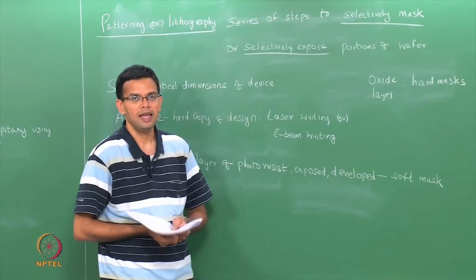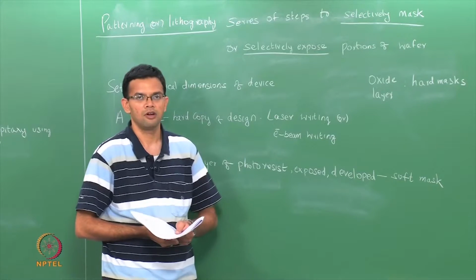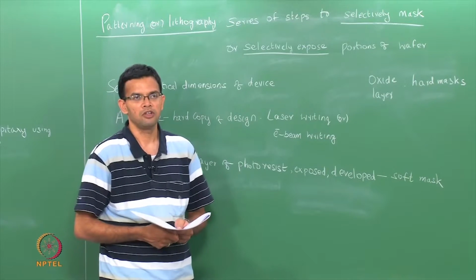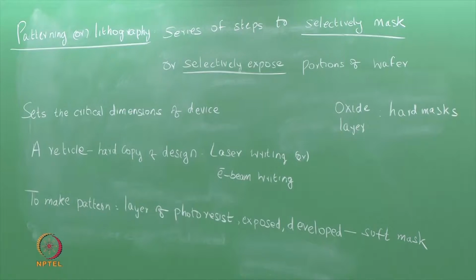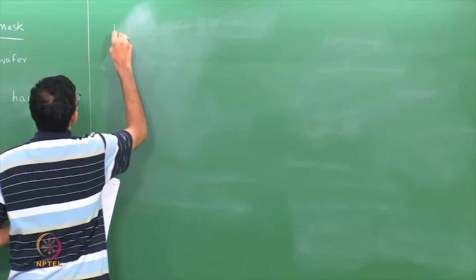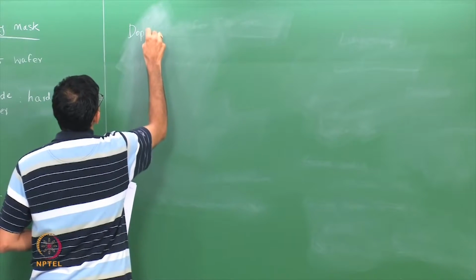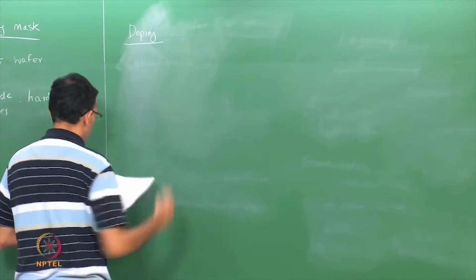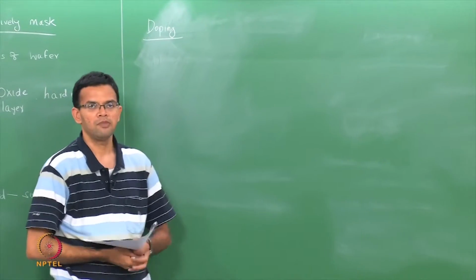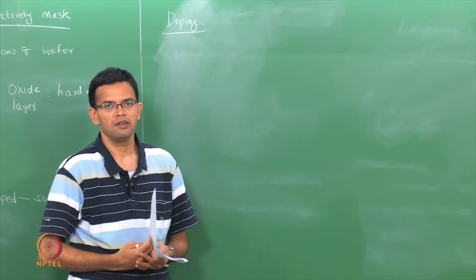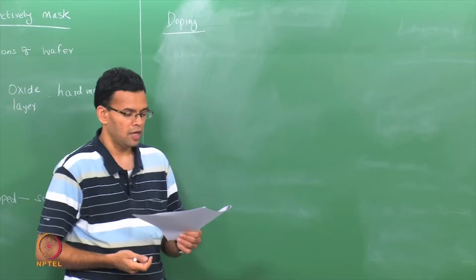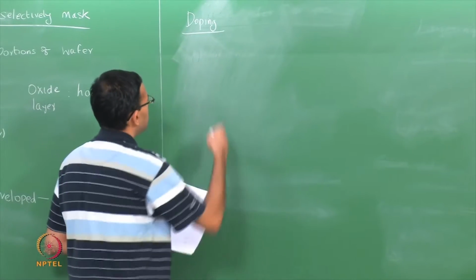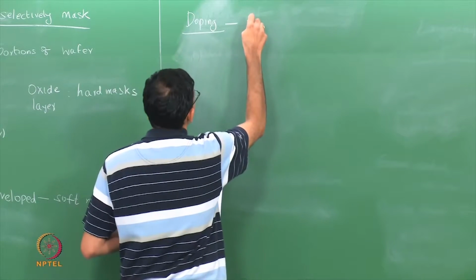So, we have looked at layering, we have looked at lithography. The next thing we are going to look at is doping. So, doping is something which we have seen before right at the beginning of the course. It is a process of adding electrically active impurities.